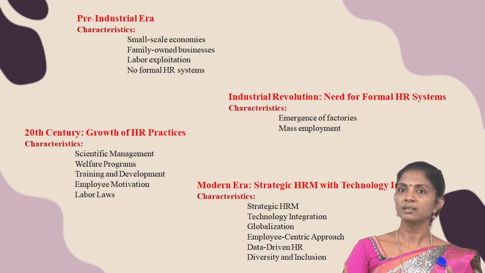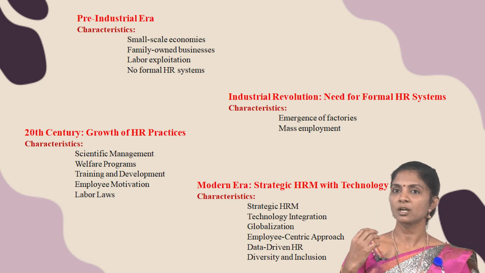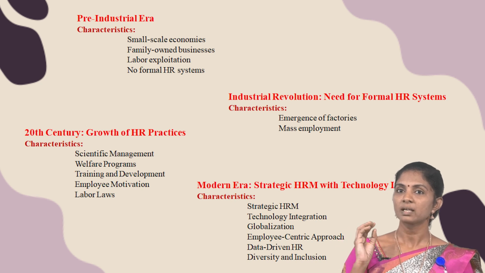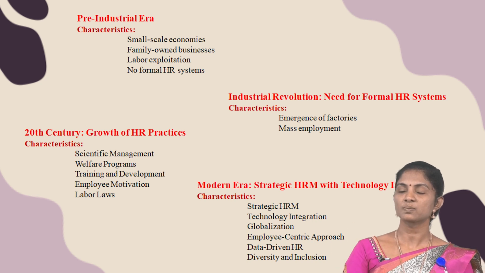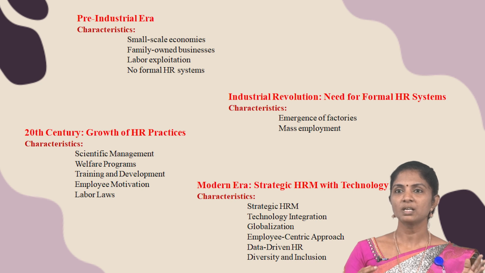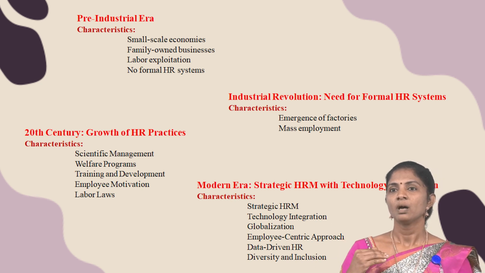So what are the characteristics of this period? The human resource management system concentrated on scientific management and a number of welfare programs. It emphasized task specification and productivity. The workers were given specific roles to maximize efficiency.